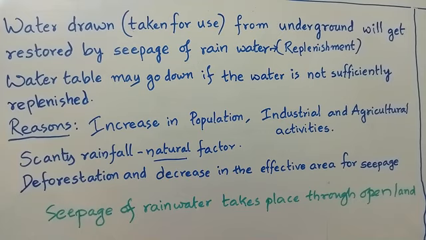So we are only making use of groundwater, but we are not allowing it to get replenished. Does it not affect the water table? Definitely it will affect the water table. Apart from construction works, we are consuming more groundwater for various other purposes also.